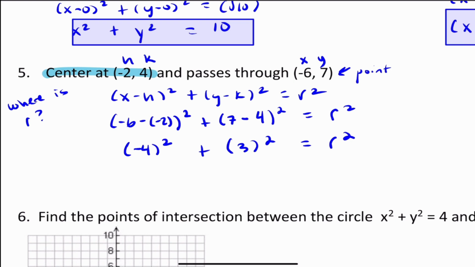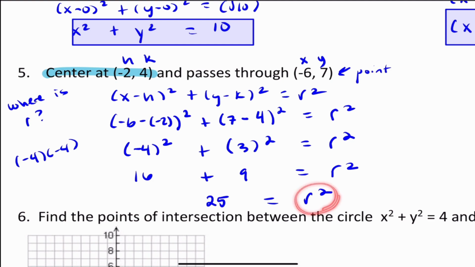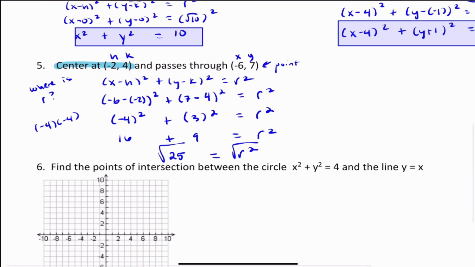So I have (-4) quantity squared, that's -4 times -4, which is positive 16, plus 3 squared, that's 9, equals r squared. So 16 plus 9 is 25, equals r squared. And I have to solve for r here, so I need to take the square root on both sides. So the radius is equal to plus or minus 5, but the radius is always positive, so r is equal to 5.